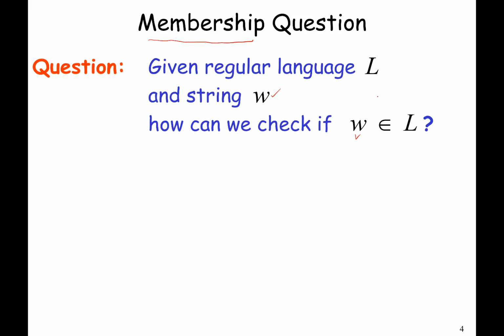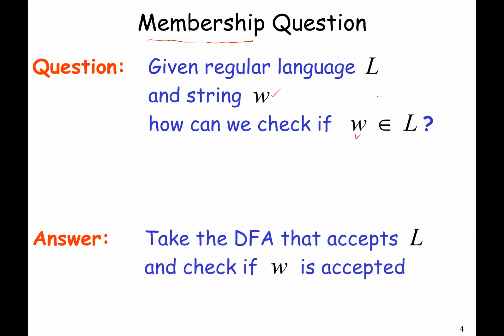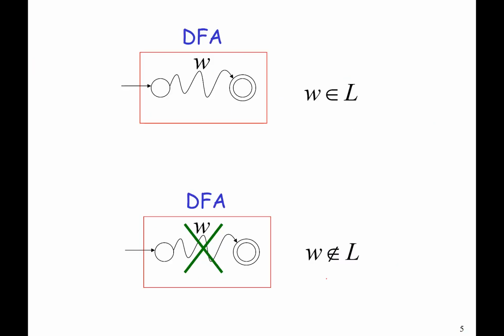The answer is, we know that there is a DFA that accepts L. Check if W is accepted by the corresponding DFA. That is, draw the DFA and see if there is a path from the initial state to a final state for W. If such a path exists, W belongs to L. If there is no such path, W does not belong to L.